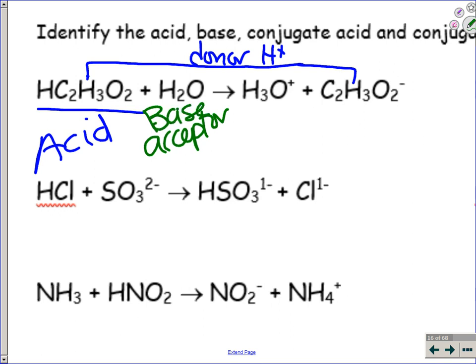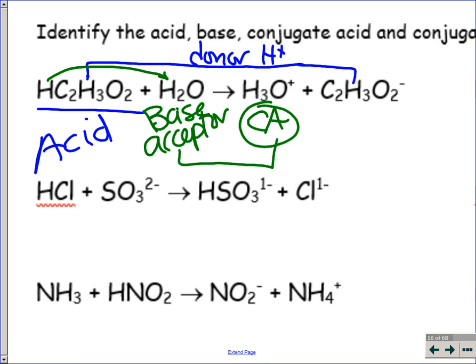So water had to have been the base because as this H plus was donated, water accepted it, and water made who? Hydronium. But we're going to call that its conjugate. Okay, so this is the base. Bases make conjugate acid. So this is water's conjugate acid.